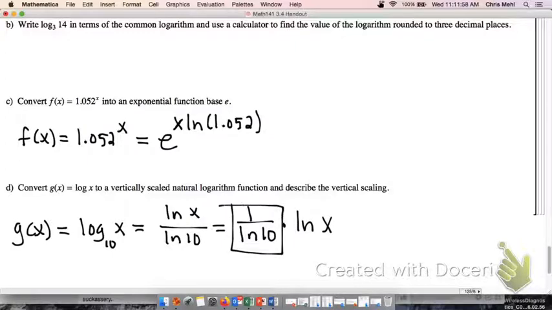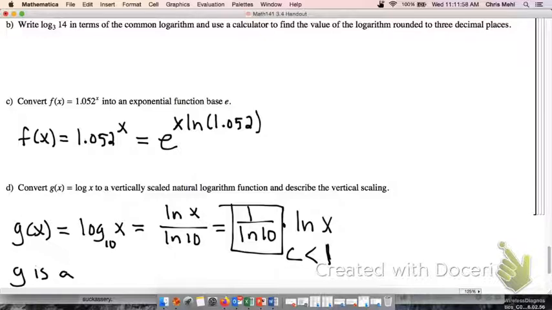Now this 1 over ln 10 out front is your vertical scaling factor. Now 1 over natural log of 10 is less than 1.